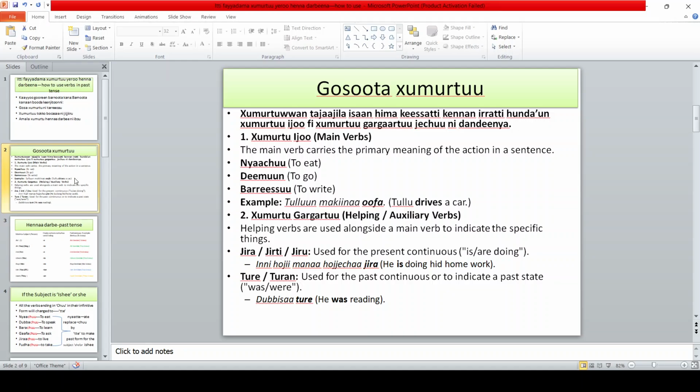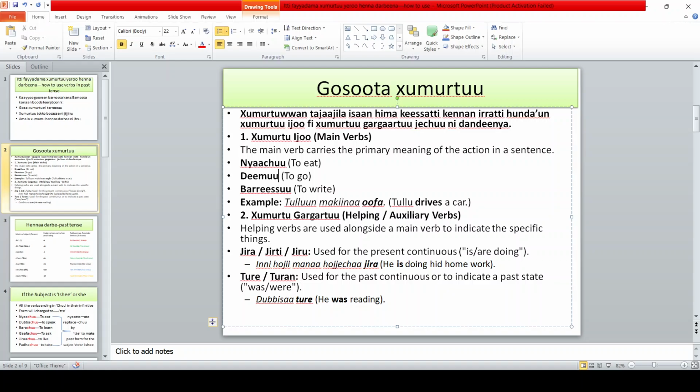So the main verbs carry the primary meaning of the action in the sentence. Like this, for example, we say to eat, to go, to ride: nyaachuu, deemuu, barreessuu, hojjechuu. These are main verbs.